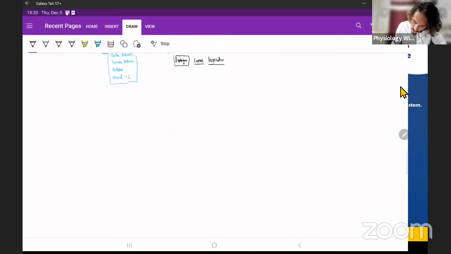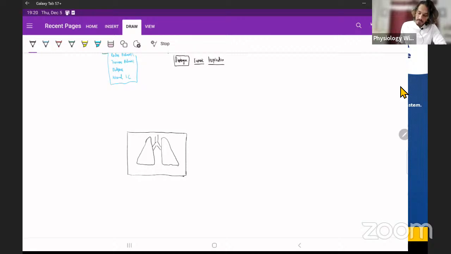I'm going to draw a system over here. Let's just take your lungs here. I'll put it in a small box like this, and I'll try to encase it outside.